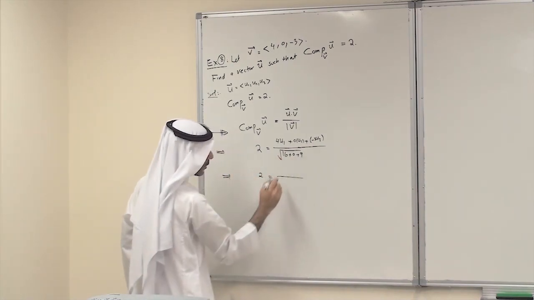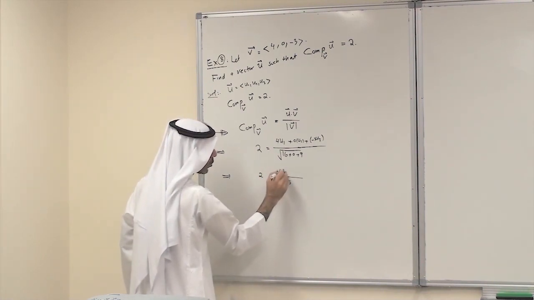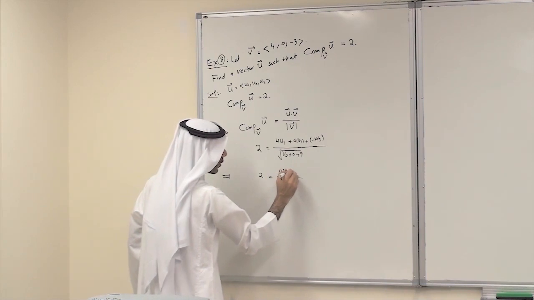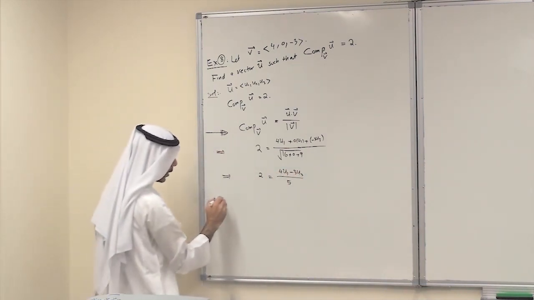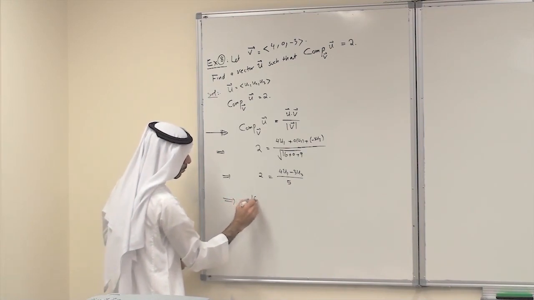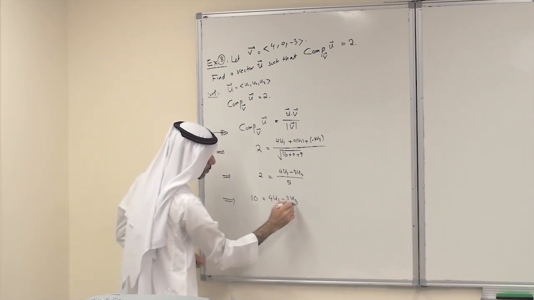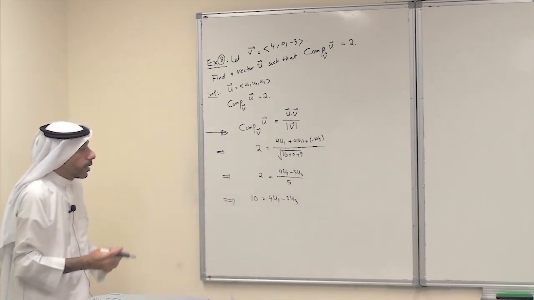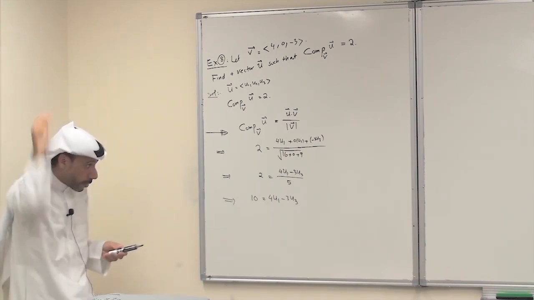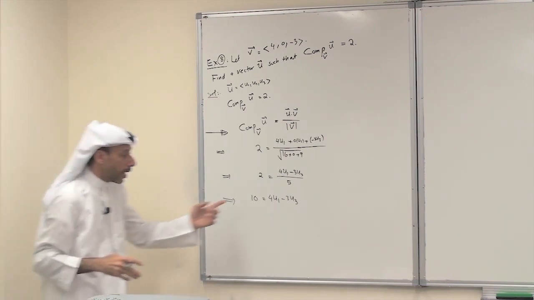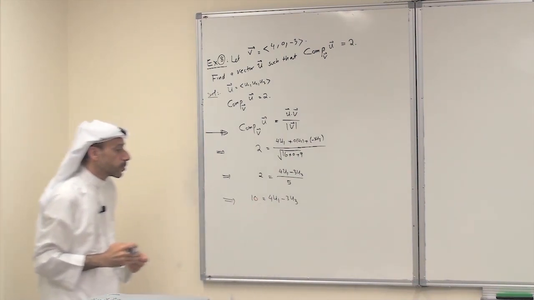The denominator is root 25, which is 5, and this is 4 U1 minus 3 U3. So this implies 10 equals 4 U1 minus 3 U3. Now we end up with one equation and two unknowns. So it has infinitely many solutions.